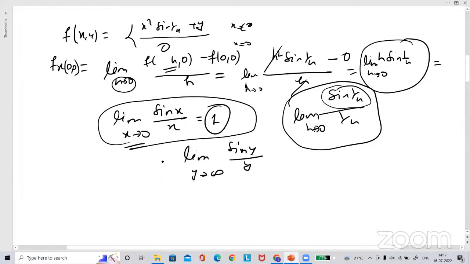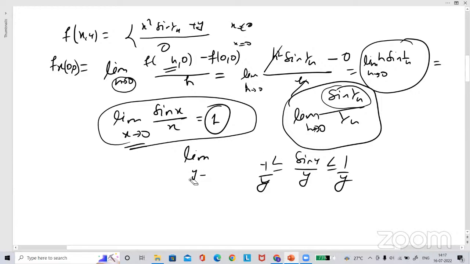So you know the idea of how it's happening, the reason is simple. If somebody asks you to show the proper mathematical proof of how it's going to be 0, use the sandwich theorem. The sine function lies between -1 and 1, so your function is lying between these two functions.